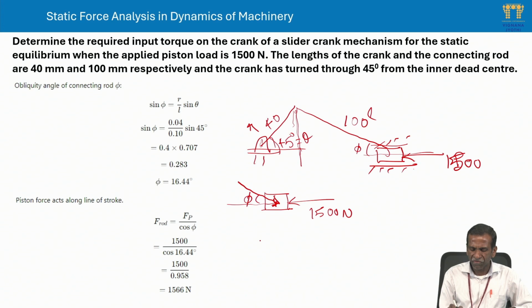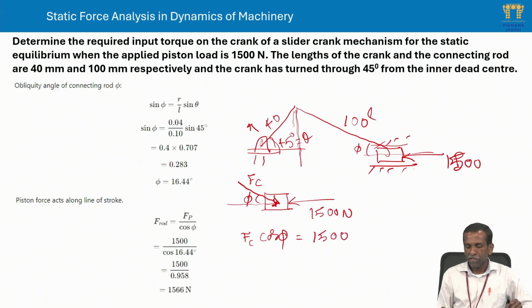If we apply the equilibrium equation, this is Fc, which I will mention. Fc cos phi equal to 1500, as we are applying the equilibrium equation: the algebraic sum of forces in the horizontal x-axis direction is 0.